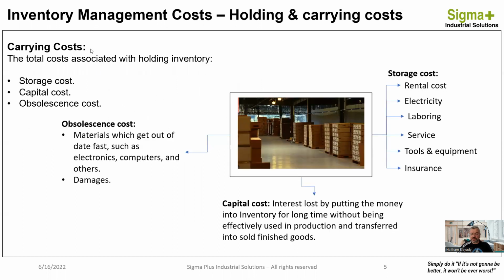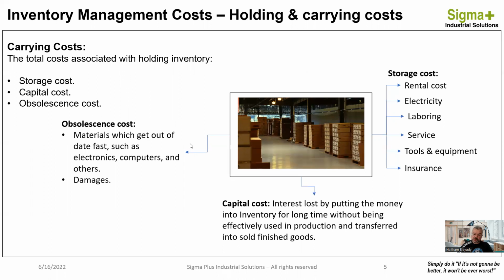Starting with the holding and carrying cost, those are all the costs associated with managing a storage facility or warehouse that contains the materials. We can divide it into three categories: the storage cost, the capital cost, and the obsolescence cost.